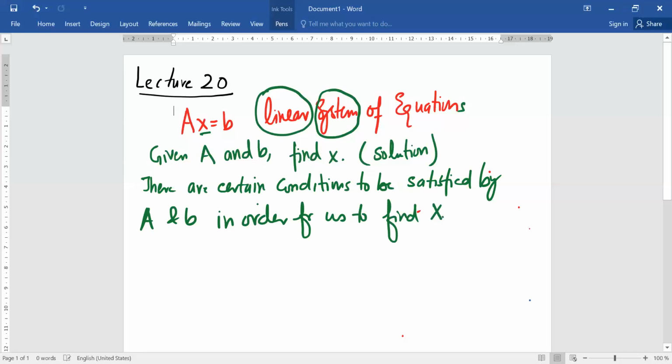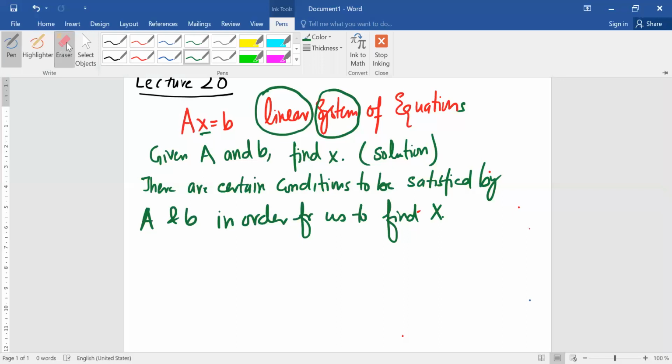In some cases, we are not able to find x, but in other cases, we are able to find x. I will not go into the conditions, but the obvious condition is that b should be inside the column space. Then there is a chance that we'll be able to find a solution. If b is not part of the column space, then it's not solvable. Anyway, let's move forward towards a particular.